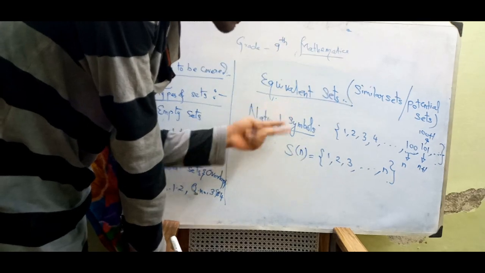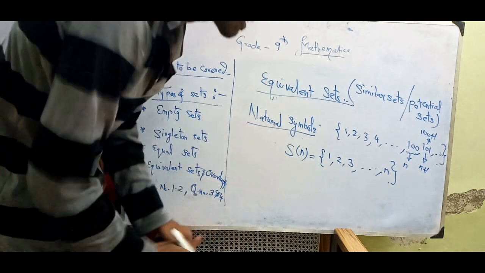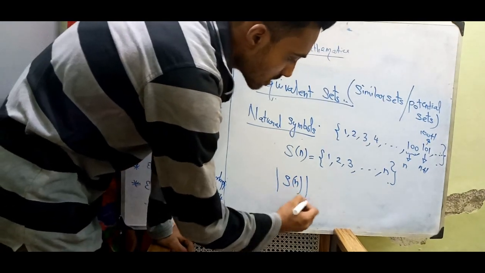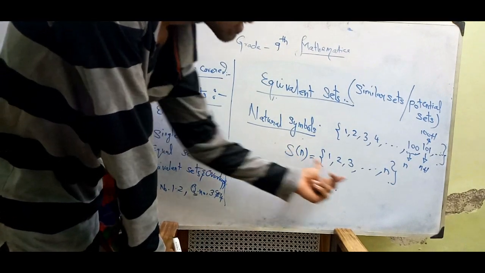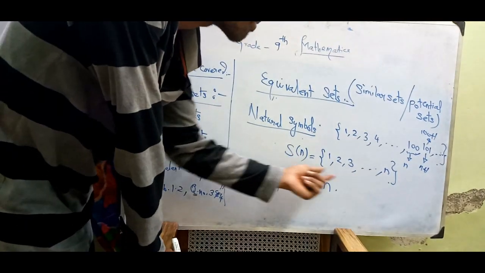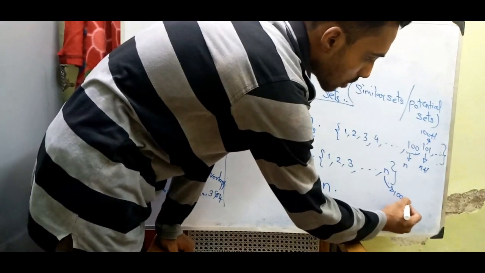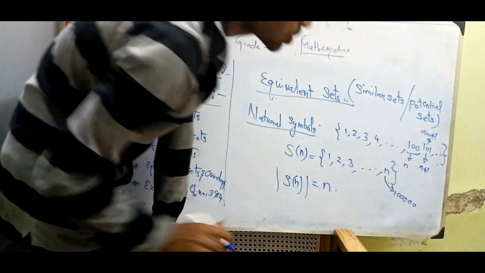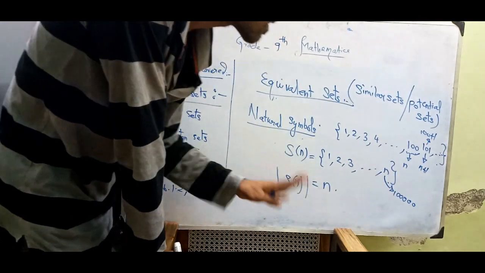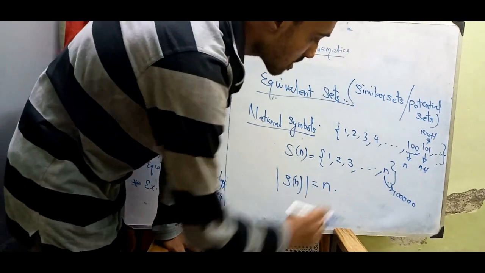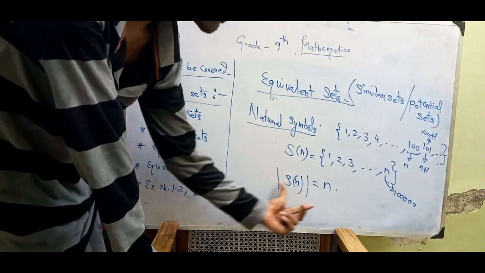Okay, before going to equivalent set, we need to know what is natural symbol, because I'm representing the natural symbols by cardinality. So cardinality of natural symbols is nothing but n, because this set has n elements. Whatever you choose n, either 100 or 1000 or 10,000 or lakh, in general we say it is n elements. It is very important to note this. It has cardinal n.